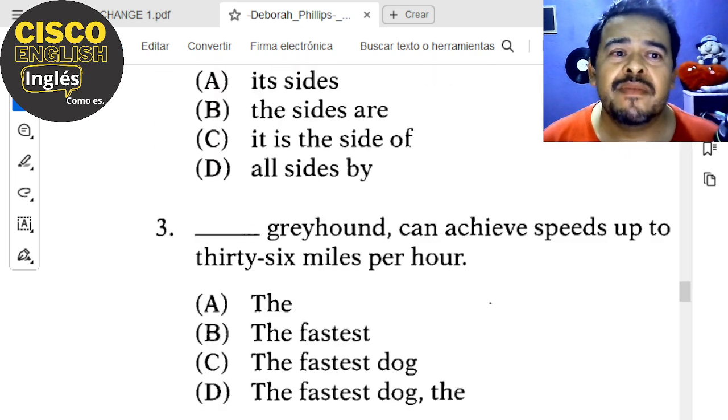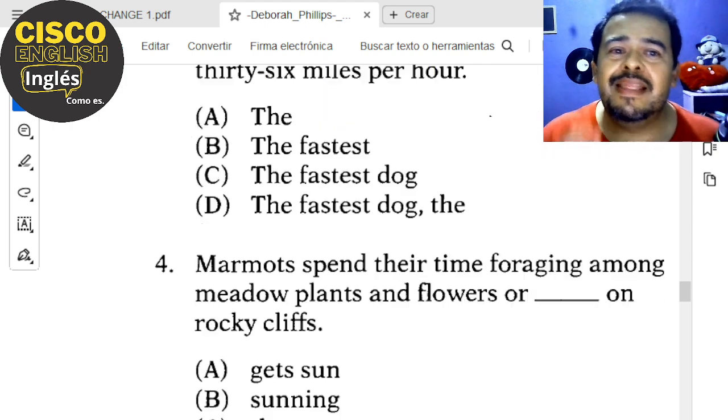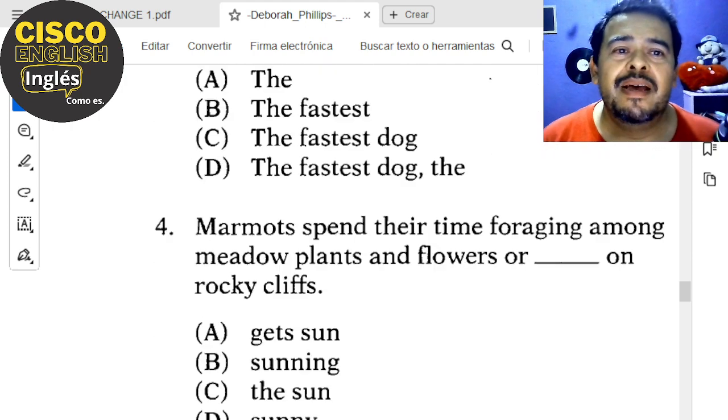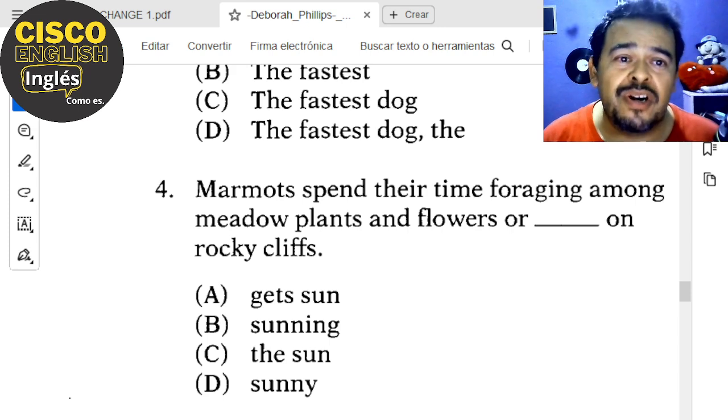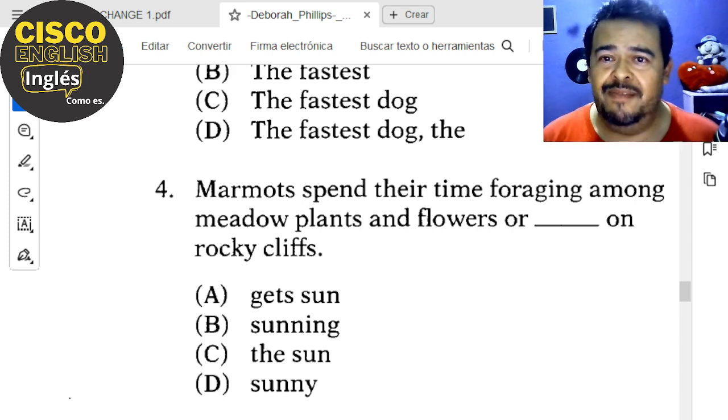Number 3, the Greyhound can achieve speeds up to 36 miles per hour. And let's go for one more. Number 4, marmots spend the time foraging among meadow plants and flowers or on rocky cliffs.